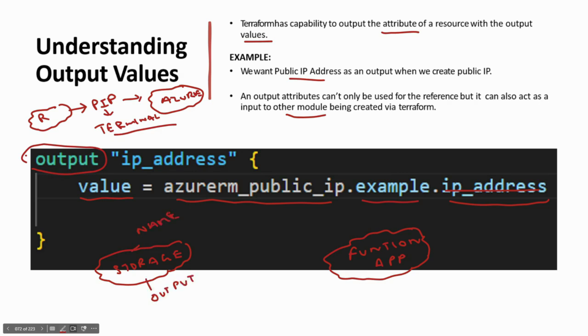If you use an output block in the storage module and just mention the name, then you would be able to use the storage account name inside the function app module. Otherwise, it would not be possible. We are going to have a detailed discussion on this in an upcoming video, but this is one more functionality. That's why we need to use the output block while creating our module.